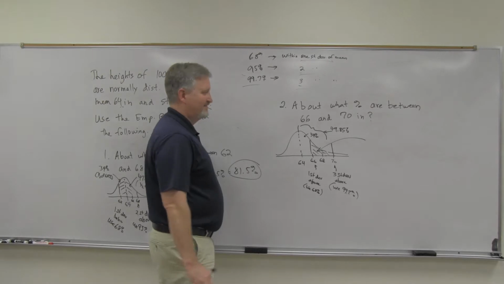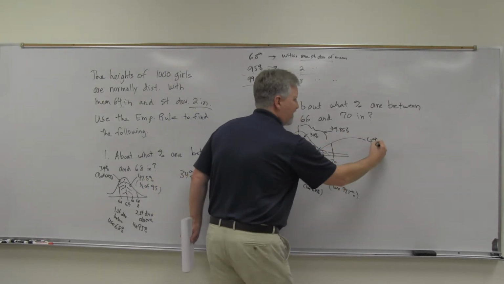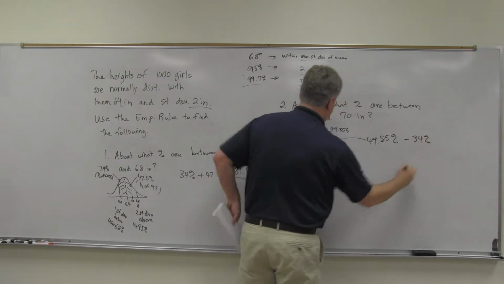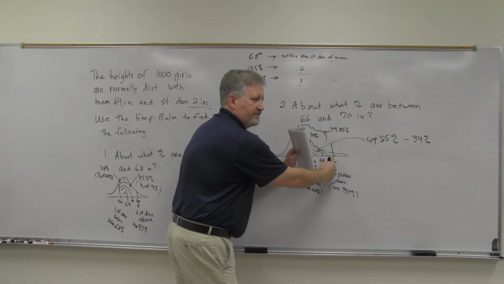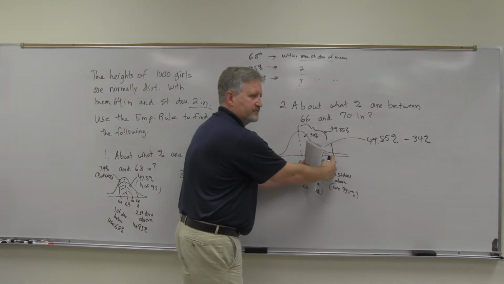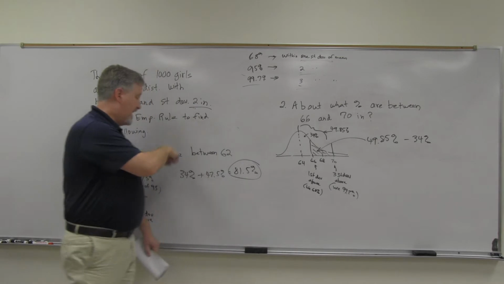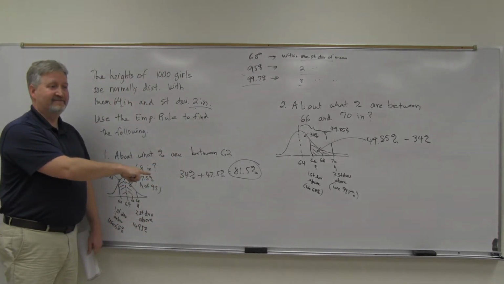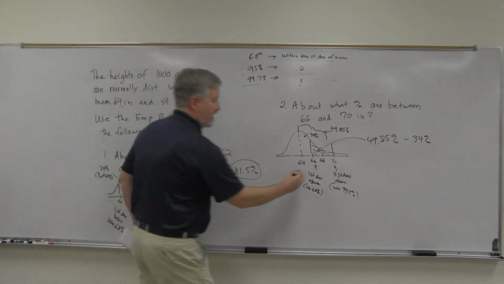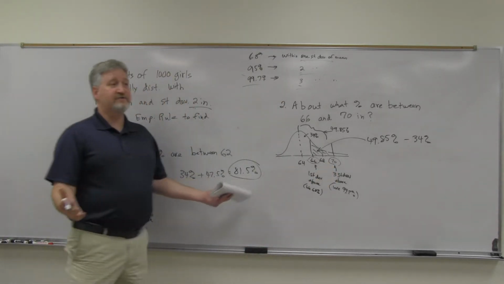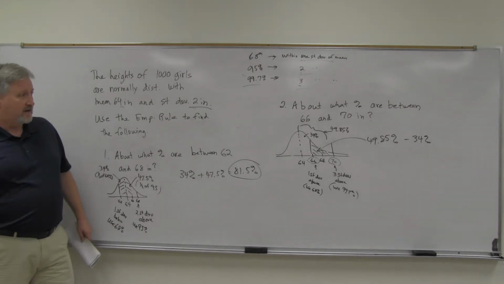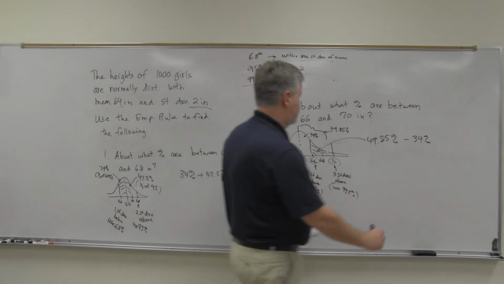I would take the 49.85 and subtract the 34%, because from here to here is 49.85, and here to here is 34, so I subtract the two instead of adding. When you have those values on the same side, you're going to wind up subtracting percentages if you do it this way. What is that, 15.85?